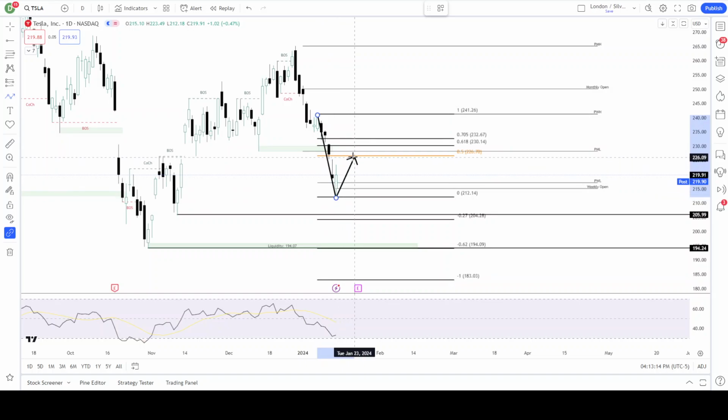We might see price come back up to equilibrium here at 226.70. We know the gamma readings are highest at like 225, and so we might see price try to push on that level. We might even see it come up into our optimal trade entry zones, and then we'd be looking to see what other things are in that area.